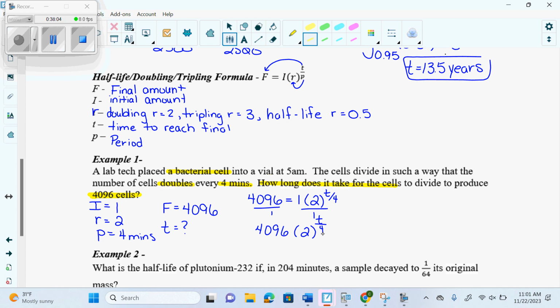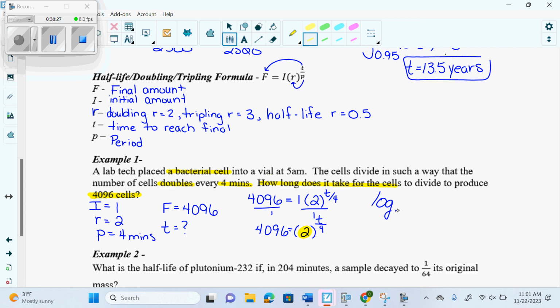Now, I am missing an equal sign, but besides that, the variable is in the exponent, so I know when the variable is in the exponent, I have to do what? Convert to log every time. So I'm going to get log base what? What's the base of my exponent? 2.